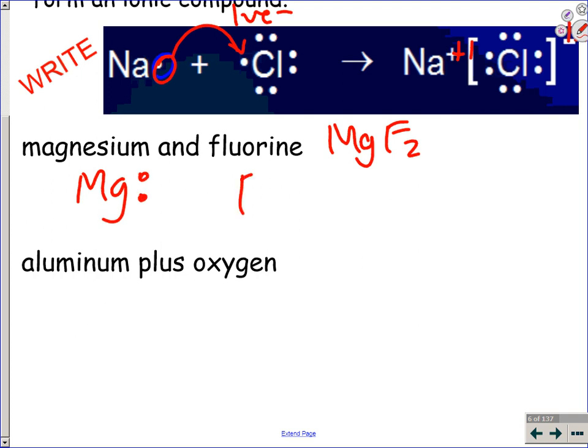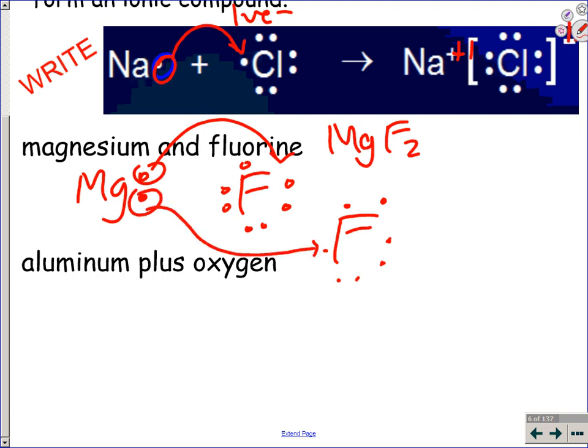And fluorine has 7. I can transfer an electron, but whose problem has been solved? Only fluorine's. Fluorine's happy, but magnesium is still not stabilized. So a second fluorine has to be available for magnesium to also donate to, so we get octet on everybody.